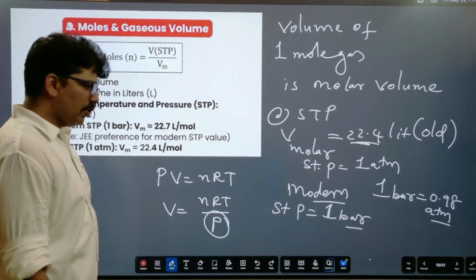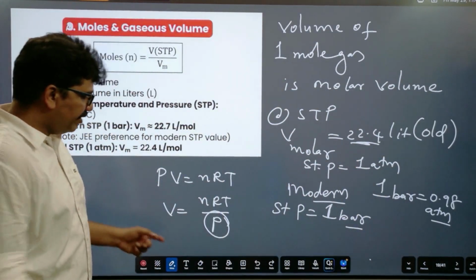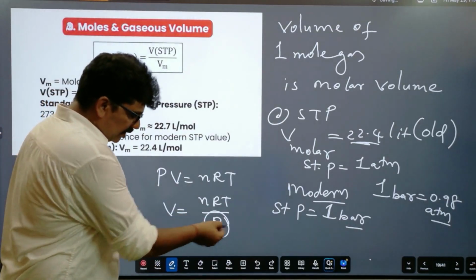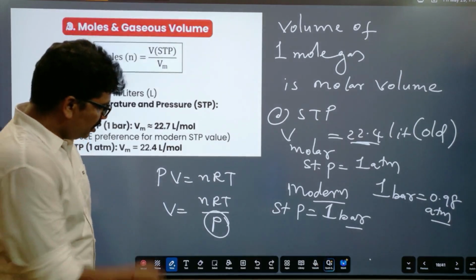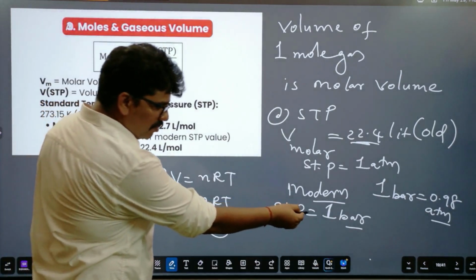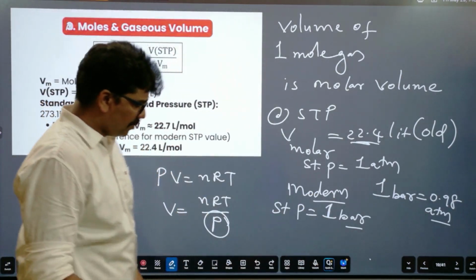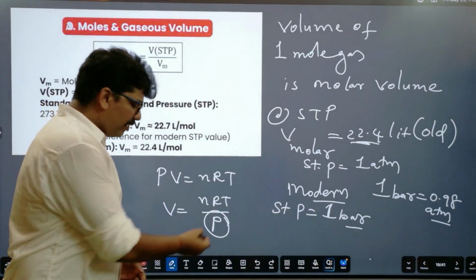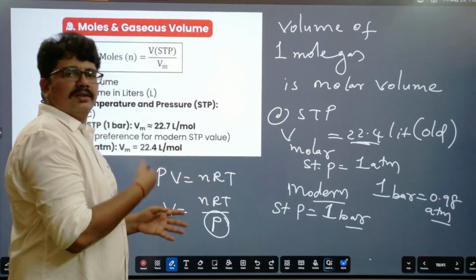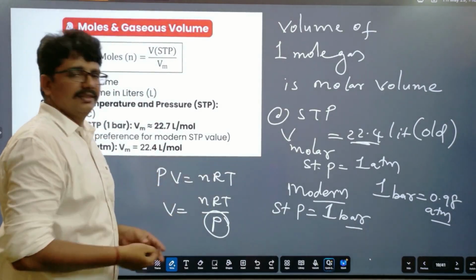Previously, you were substituting 1 atm. Now, pressure is 1 bar, which means 0.98 atmosphere. This is a slightly smaller value. When the denominator is smaller, the whole value increases.